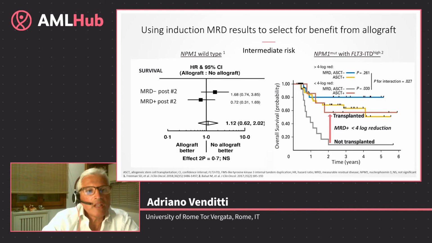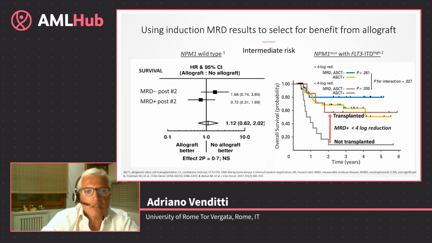The colleagues from NCRI focused on patients with NPM1 unmutated acute myeloid leukemia, and demonstrated that those who were MRD positive benefited better from an allograft, whereas those who were MRD negative benefited from no allograft approach.